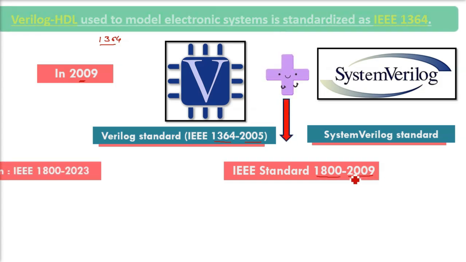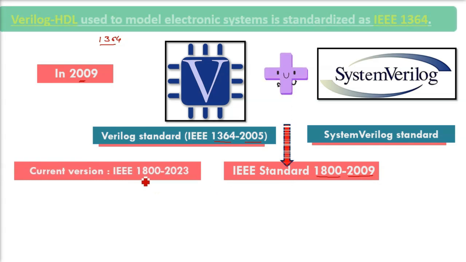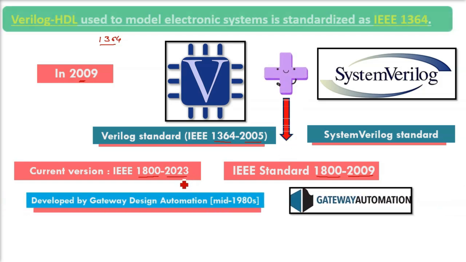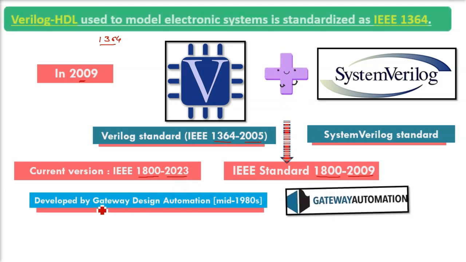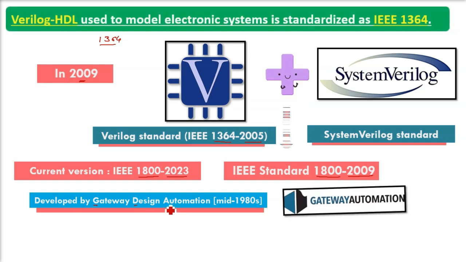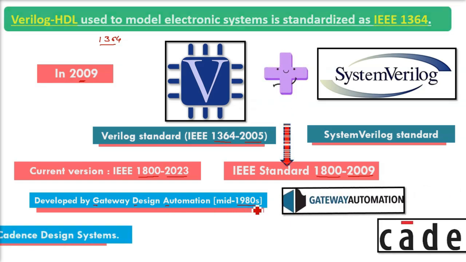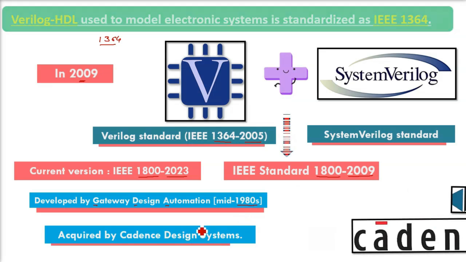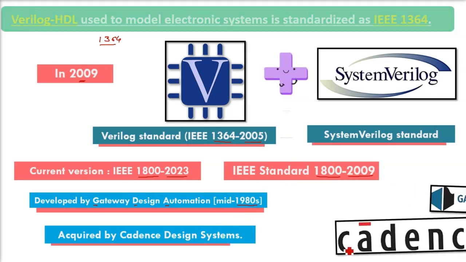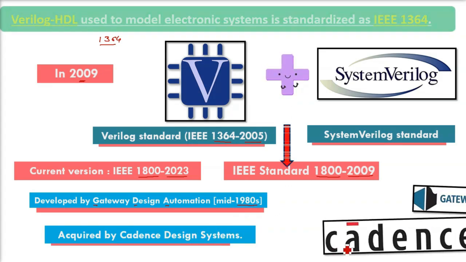The current version is IEEE 1800/2023. It was developed by Gateway Design Automation in the mid-1980s and later acquired by Cadence Design Systems.